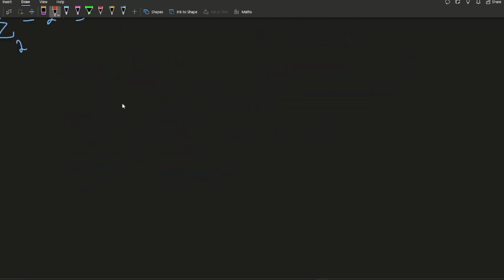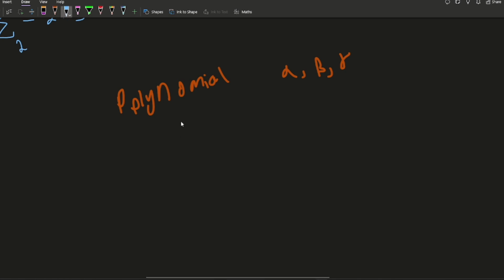Now, assume we have a polynomial with roots alpha, beta, gamma, just like in the last example, but now we have the products of roots pairwise, each multiplied by each other once.